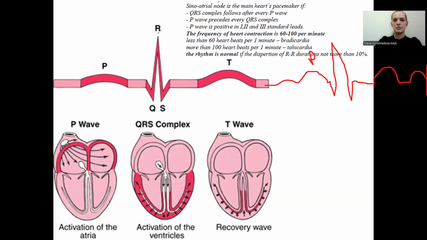Because, for example, by measuring the distance between two R waves, we can calculate the time duration, and when we find the duration of the RR interval, we find the duration of one heart cycle. From here, we can calculate the heart rate for this person.